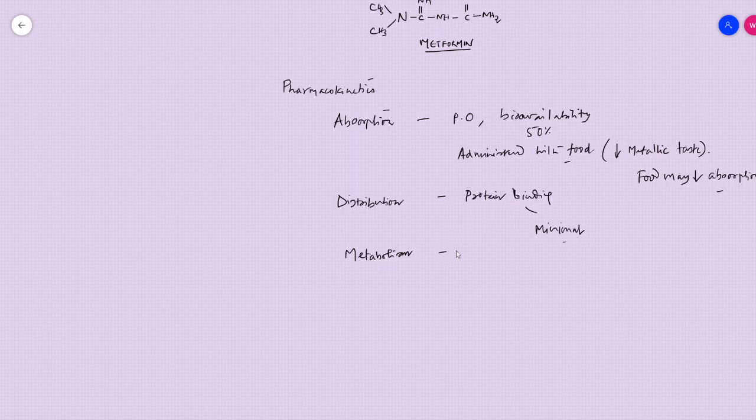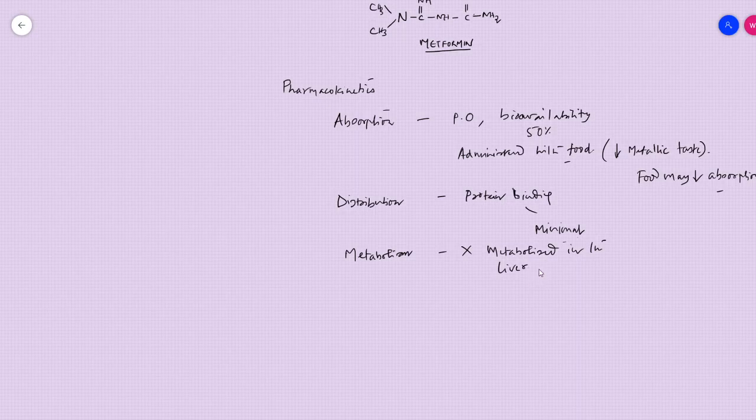And metabolism. This is not metabolized in the liver. There is minimal metabolism of this drug. Again, this is an advantage over sulfonylureas. Sulfonylureas are extensively metabolized in the liver, sometimes into active components and sometimes into inactive.